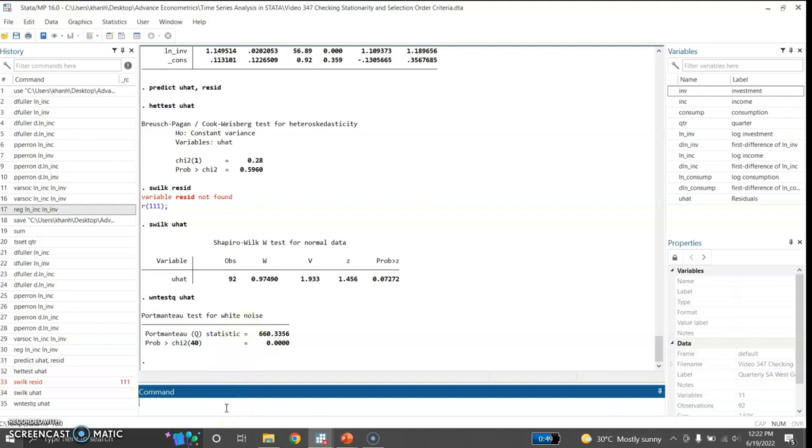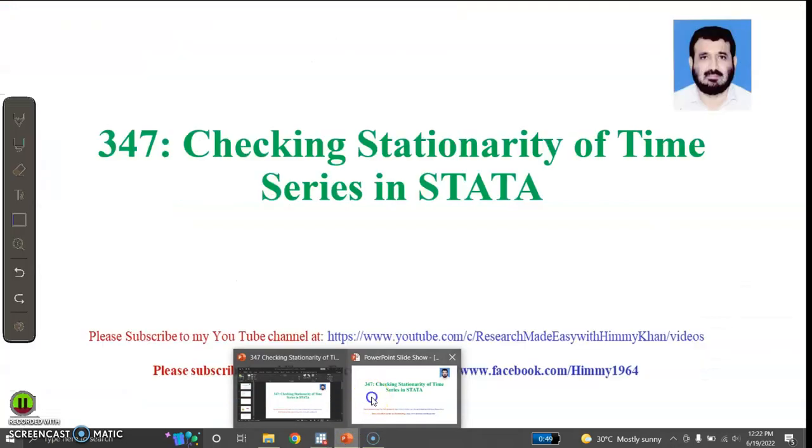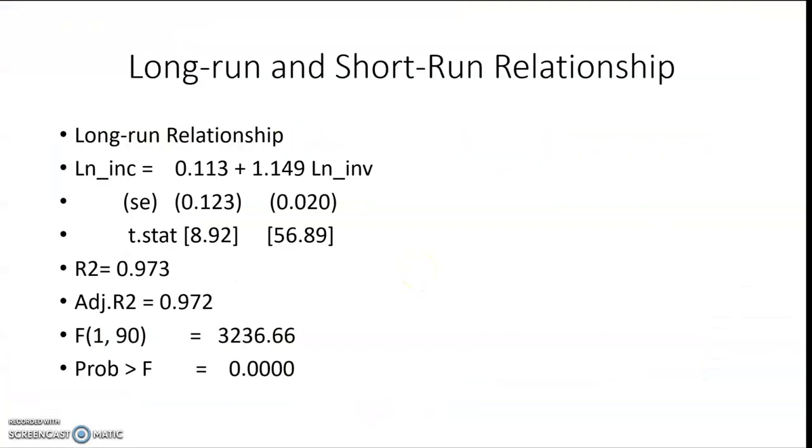In the coming video, I would like to show the short-run relationship between investment and income. In this video, I discussed the long-run relationship between investment and income. The short-run relationship will be shown in a separate video.